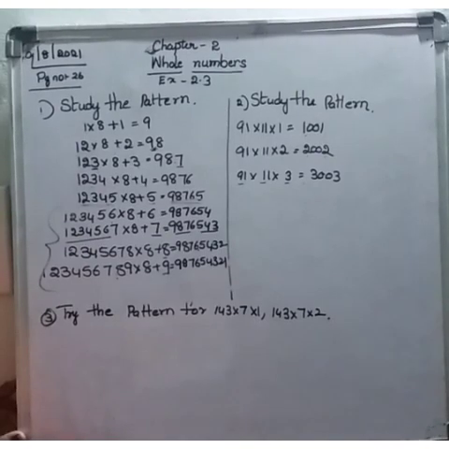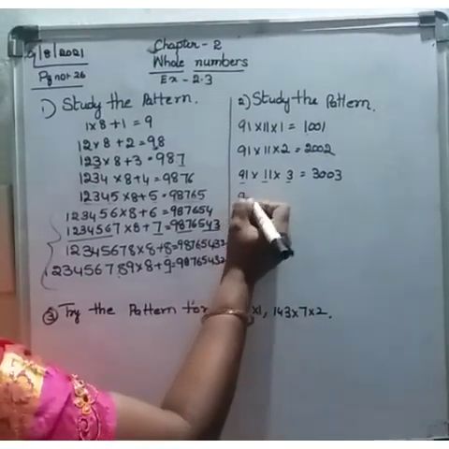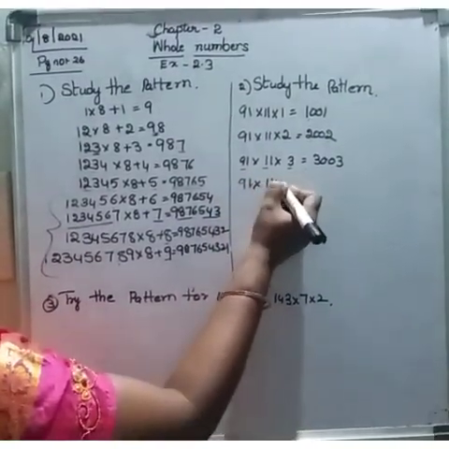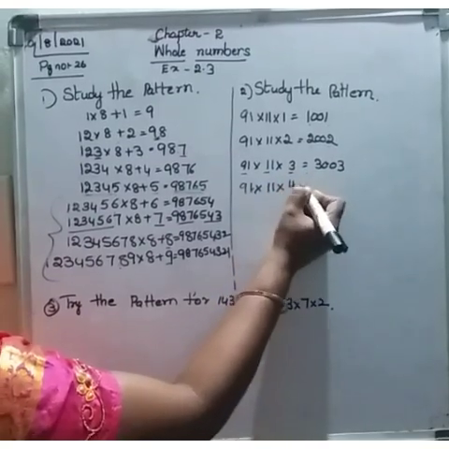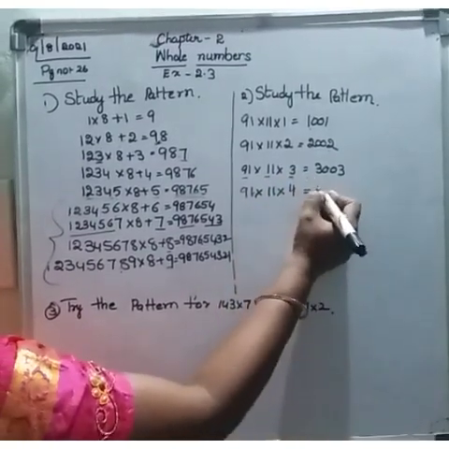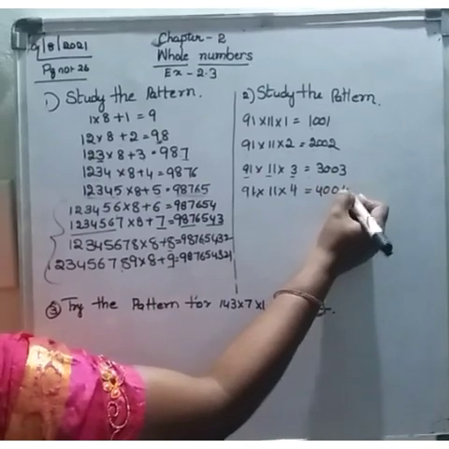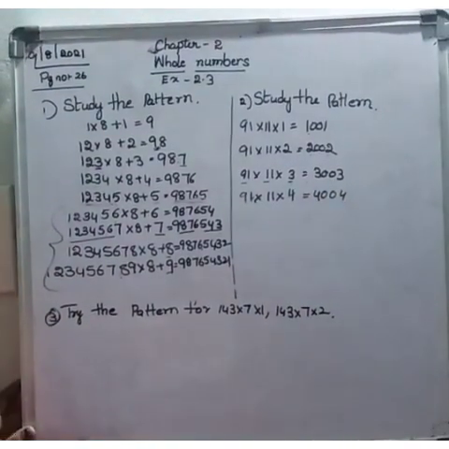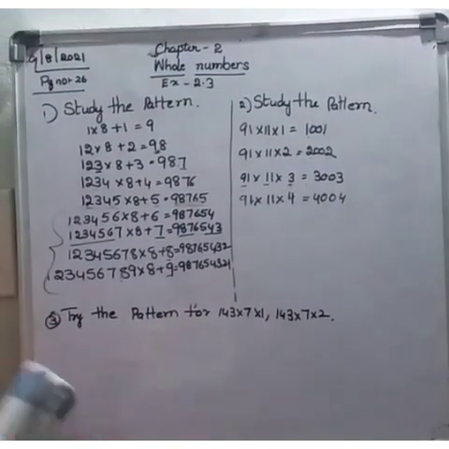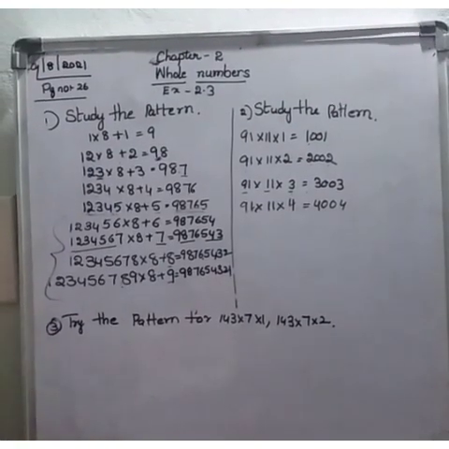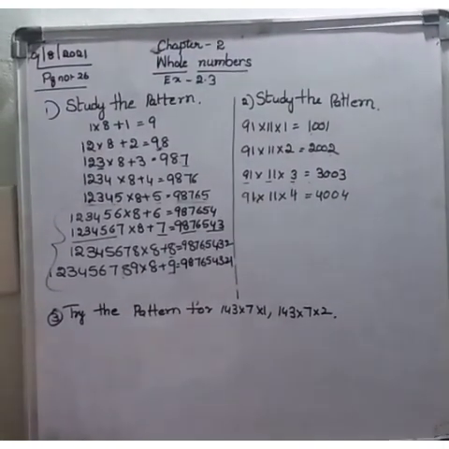Just think, what is the next pattern? 91 into 11 into 4. So we have to get the answer 4004. Right?